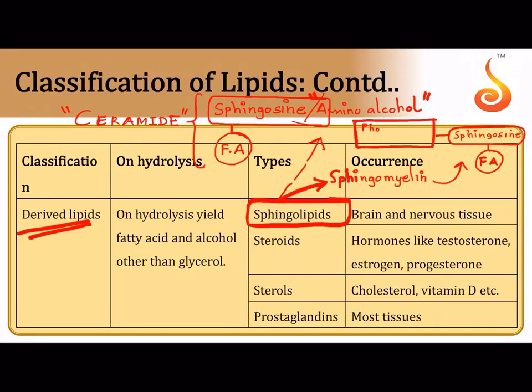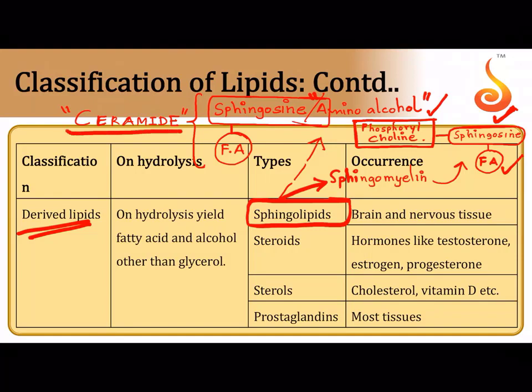In this case, the additional group is phosphorylcholine. Did you understand? So this kind of molecule has a sphingosine, which is an amino alcohol, on one side, fatty acid on the other side, and an additional group called phosphorylcholine.